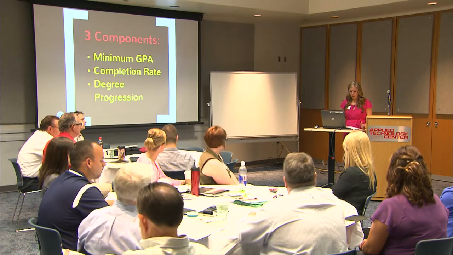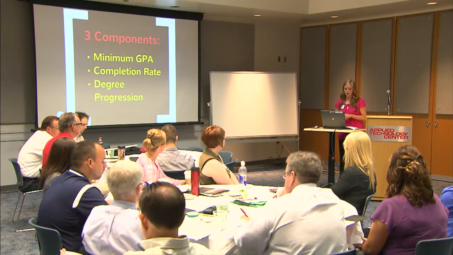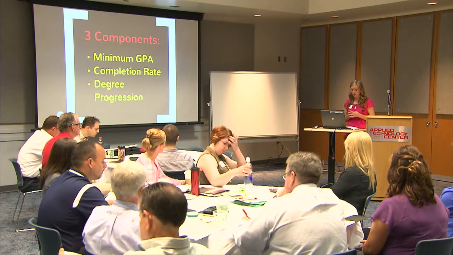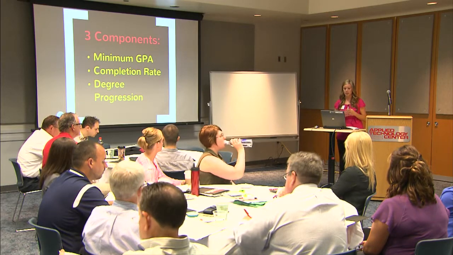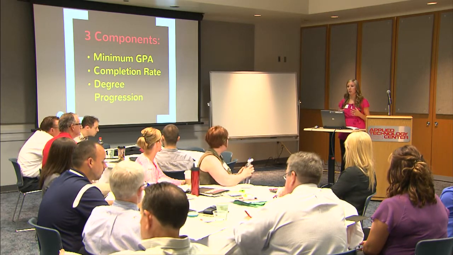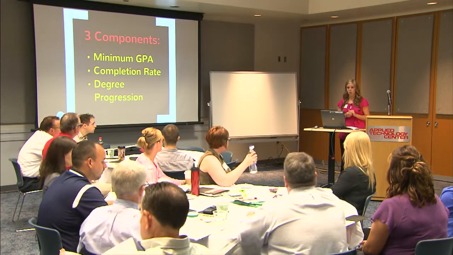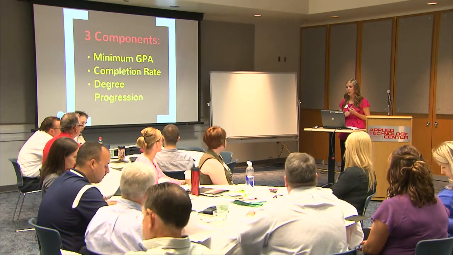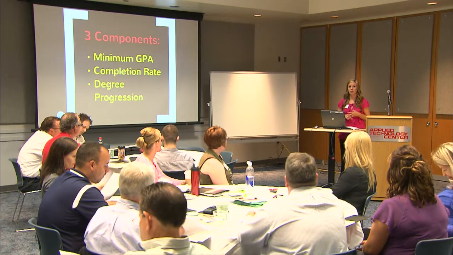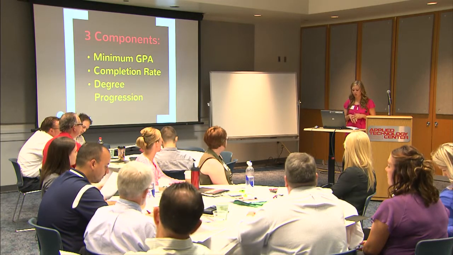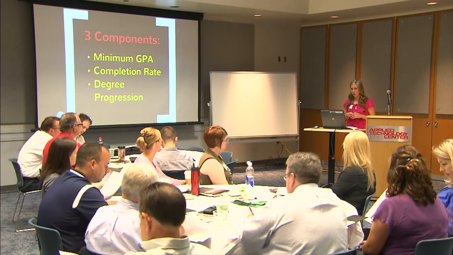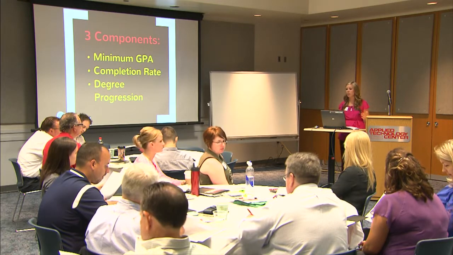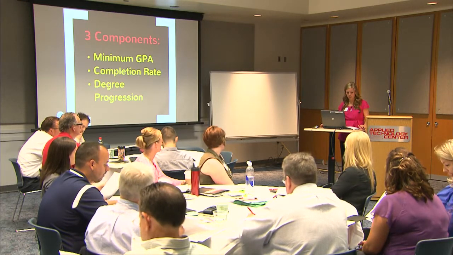And then degree progression. Federal regulations require that financial aid recipients complete their degree within a specific amount of credit hours. So for the bachelor's degree, that's 180 credit hours. For an associate's degree, that's 90 credit hours. So if you see that a student has completed more than that, they are going to be selected for SAP.